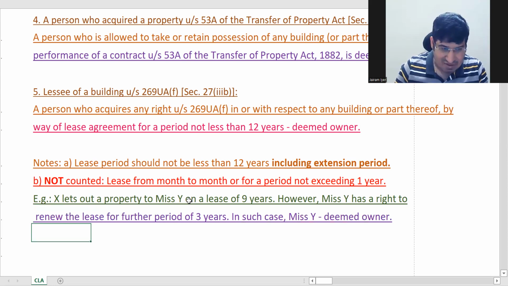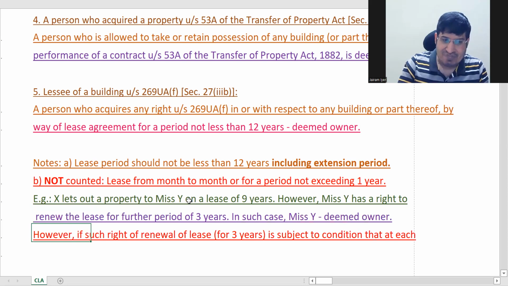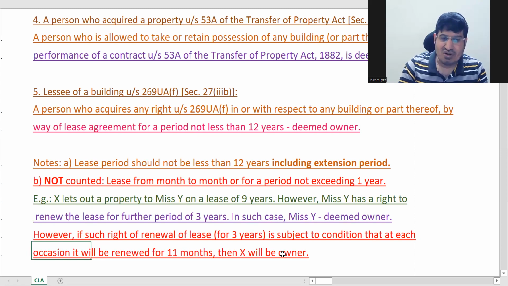Okay. But here, if you see another case, same case, say the lease is 9 years. That is the same. Okay. For the other 3 years, if renewal is subject to the condition that it will be renewed for 11 months each time.